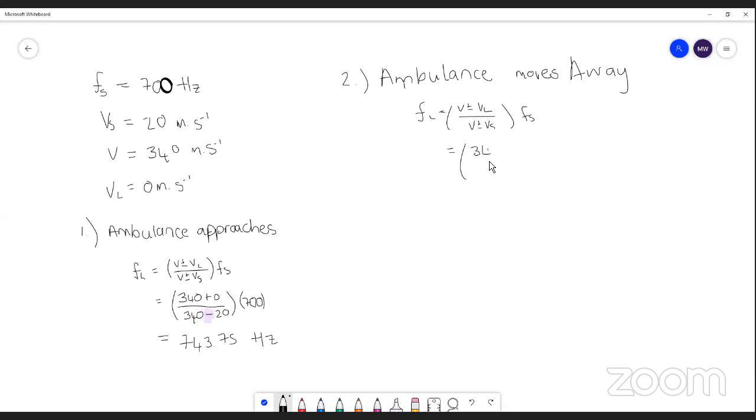So 340 plus 0 divided by 340 plus 20, because now the ambulance is moving away, so we have to add the 20. And we multiply it by 700. Now our answer should be less than 700. So if we put it into a calculator, we get 661.11 Hertz.